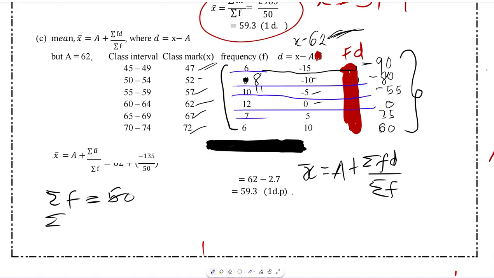So now summation FD, what would that give us? We have minus 90, minus 80, so that's like saying 90 plus 80. That will give us minus 170. Minus 170 minus 55 will give us minus 225.